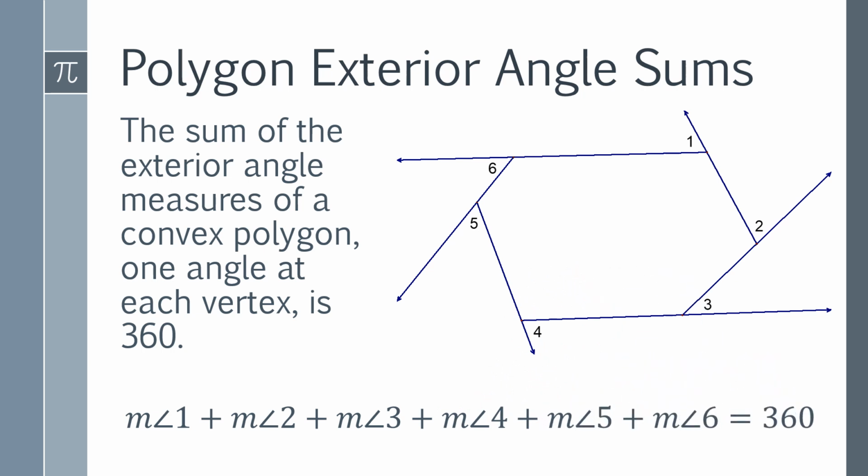No matter how many sides a polygon has or how many angles, right? Because the number of sides equals the number of interior angles. The sum of the exterior angles is always 360.